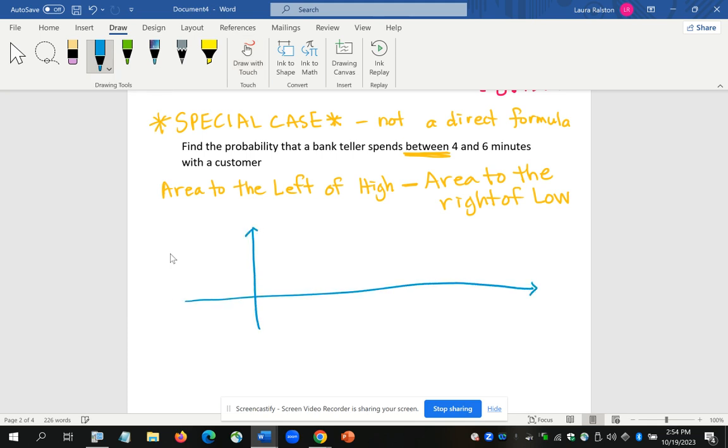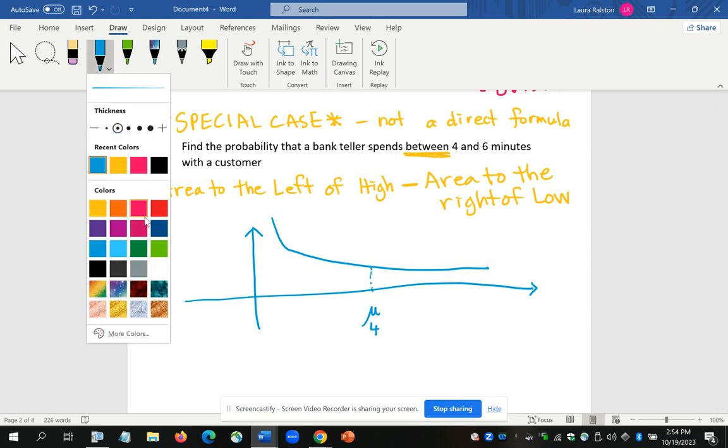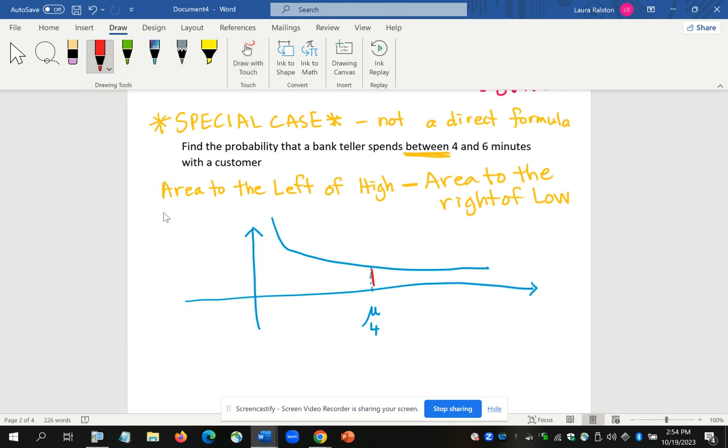Okay, so if we have our exponential function, our mean is 4, but we're interested in the value between 4 and 6.